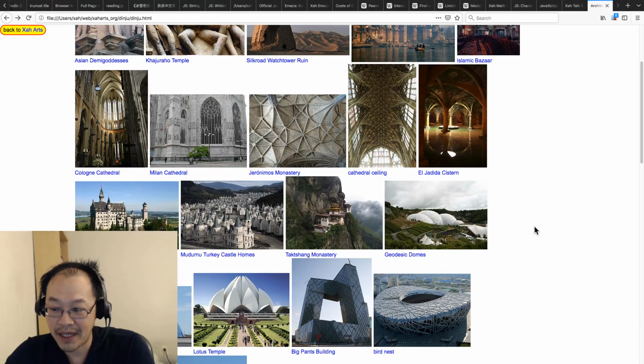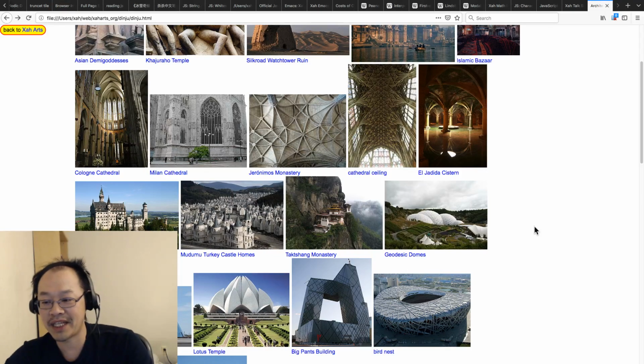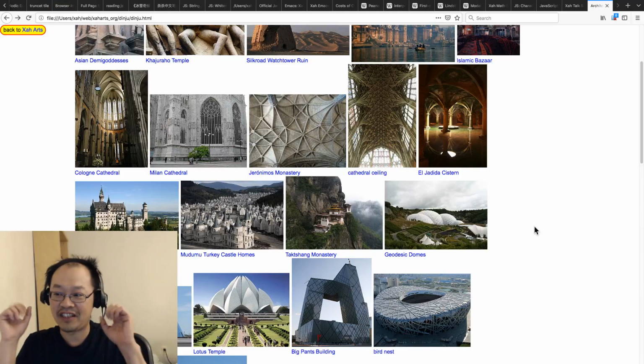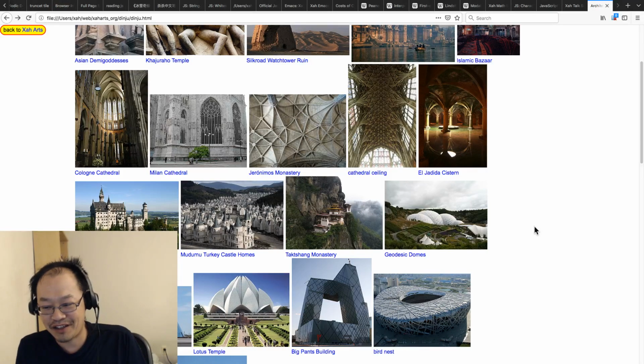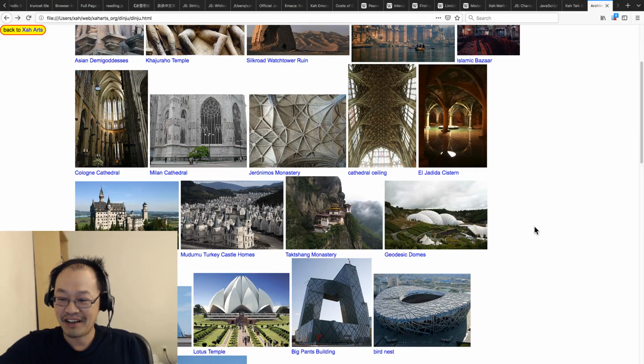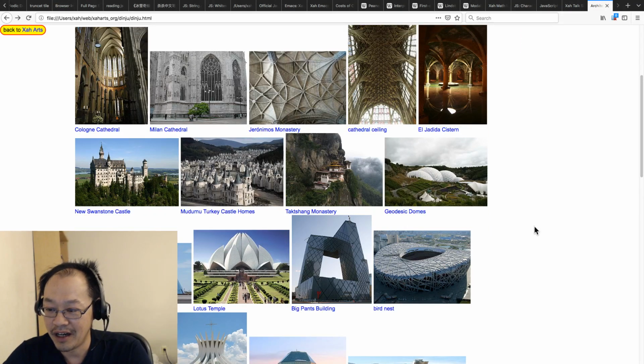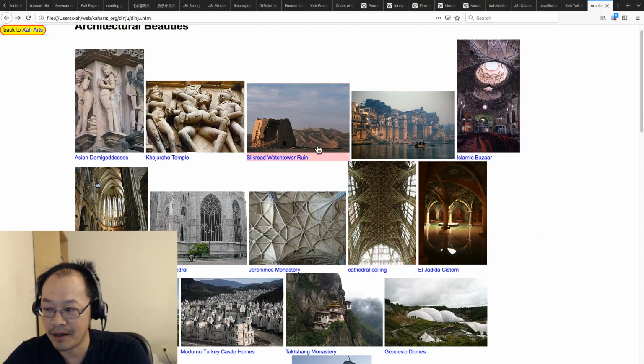Because they are beautiful. Back in 2006, you didn't have that many websites. Wikipedia had just begun like 3 years before, and it was in its infancy. So there was not much of anything. So I began to collect these architectural photos, beautiful architectures.